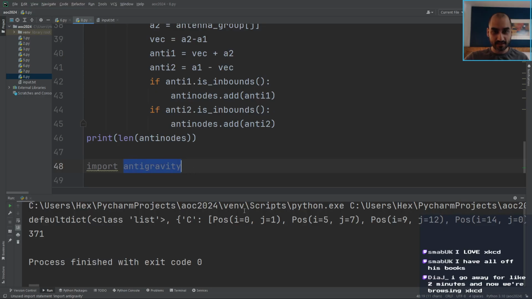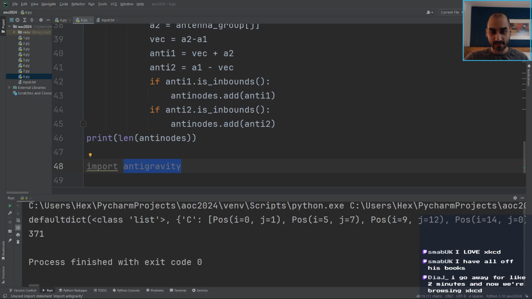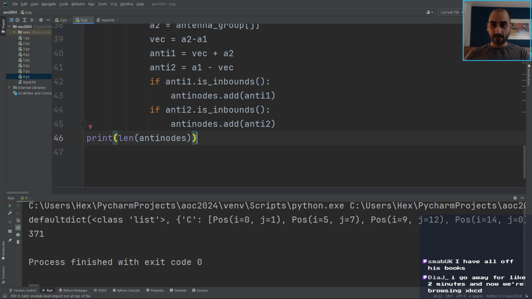This came up in the autocomplete, antigravity, and I forgot all about this. But this is actually in Python and has been since that comic was launched. Import antigravity basically just opens up that comic. 371.